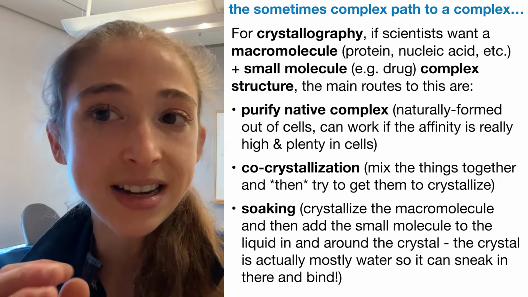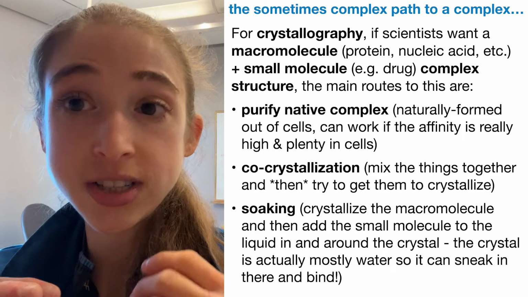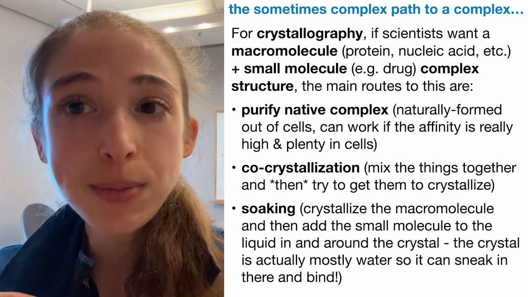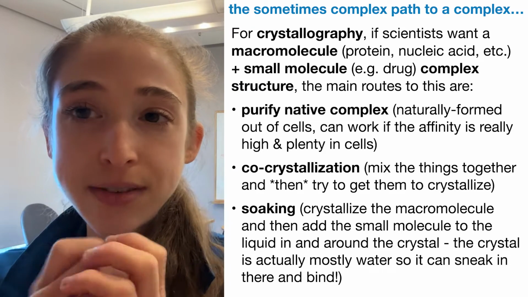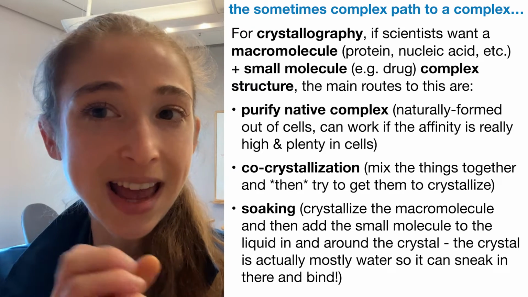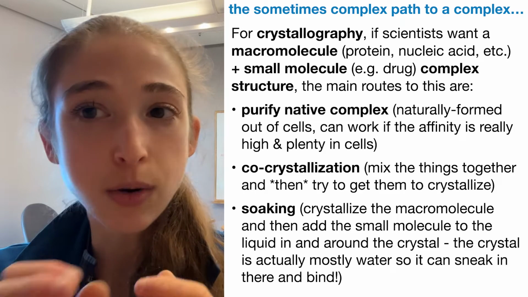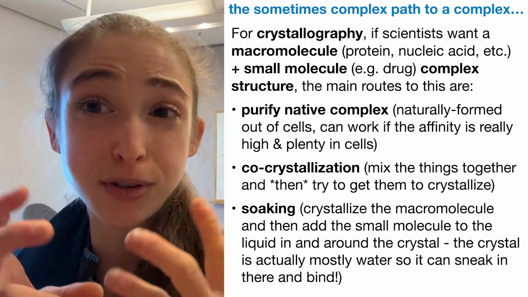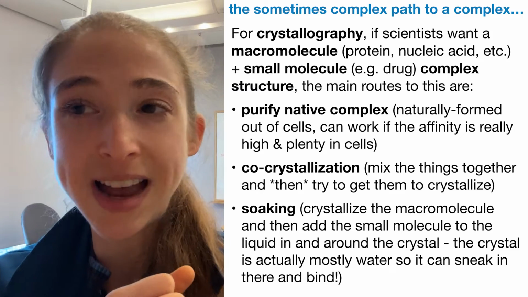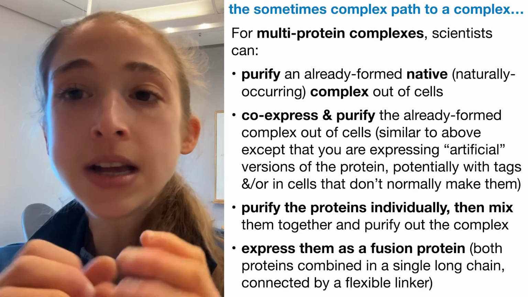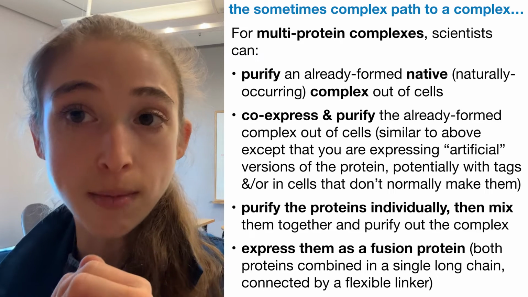Well, if it has high enough affinity and there's high enough concentration of it inside of the cell, you might be able to purify that complex out of the cells, and it's this native complex. So basically you just take it as it is. But again, this isn't going to work in all cases, and it only works if you have a really high affinity and plenty of the thing, so that most of what you pull down is actually bound. So that was if we were binding to a small molecule.